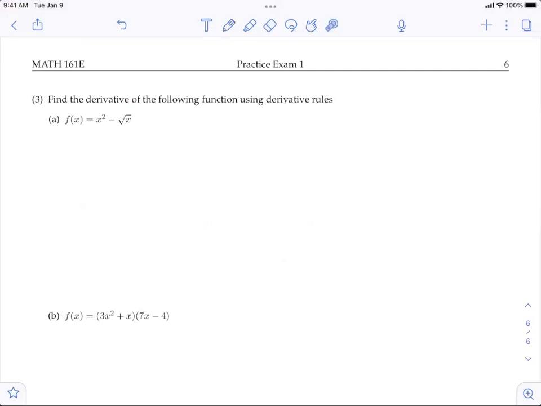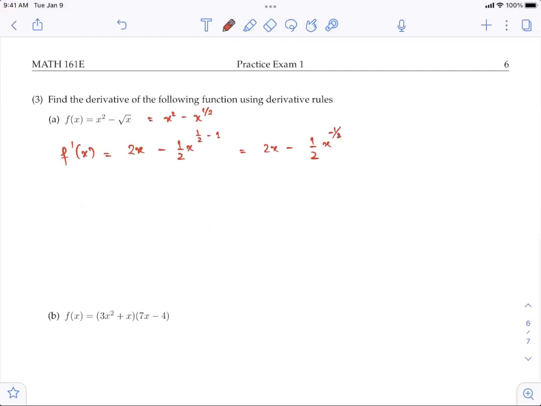So I'm going to rewrite this square root of x as x to the power 1/2. So this is x squared minus x to the power 1/2, and the derivative of the function is 2x, right, minus 1/2 times x to the power 1/2 minus 1, or this is 2x minus 1/2 times x to the negative 1/2.